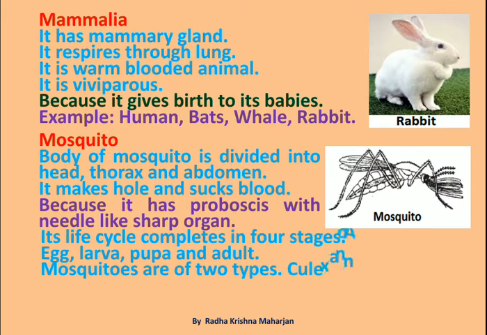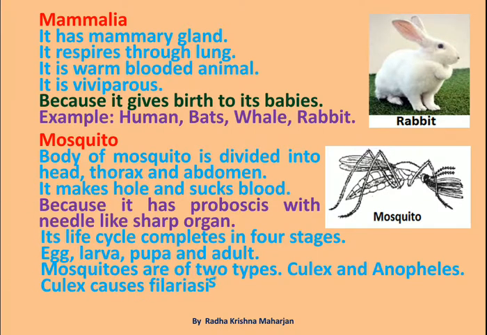Mosquitoes are of 2 types: Culex and Anopheles. Culex causes filariasis. Anopheles causes malaria.